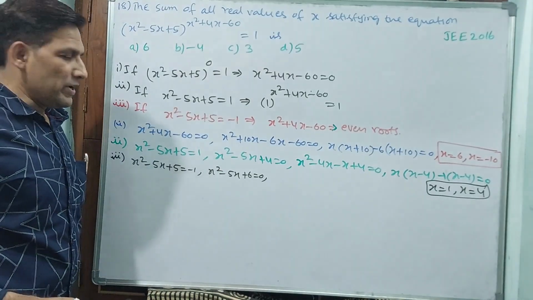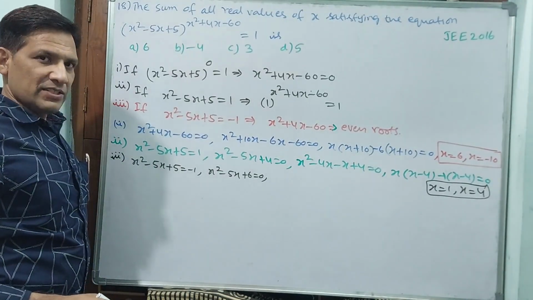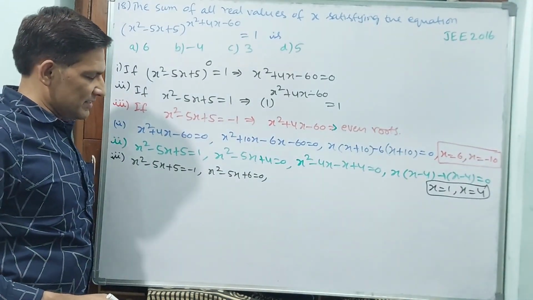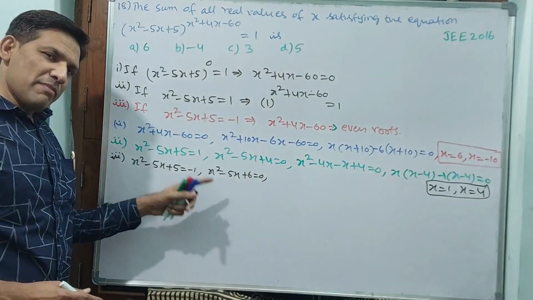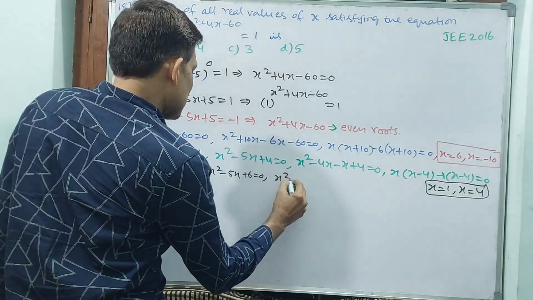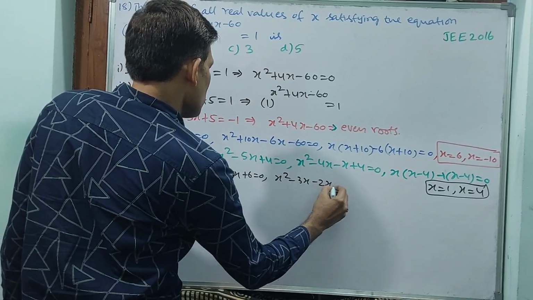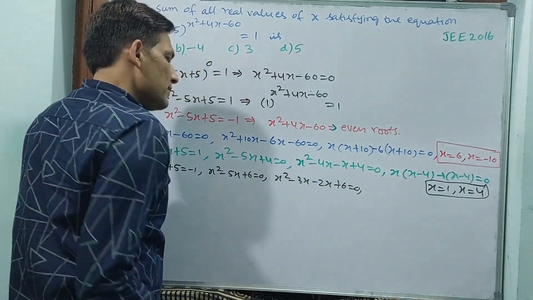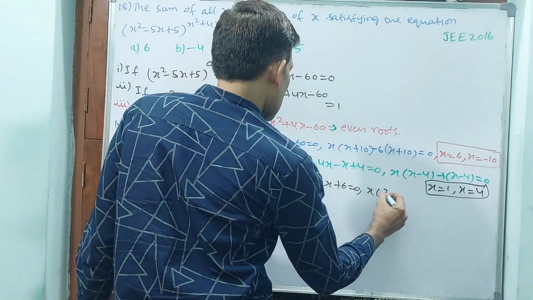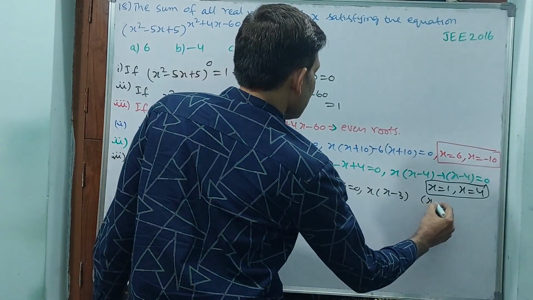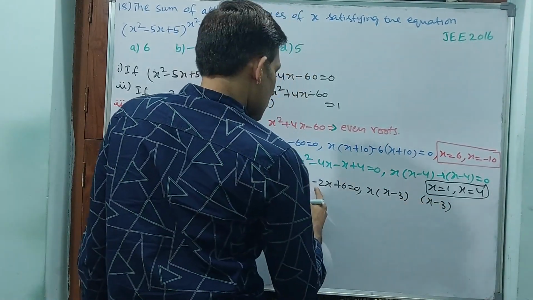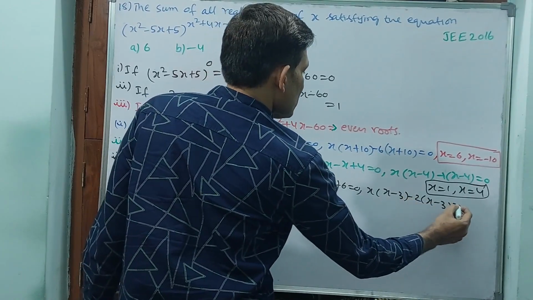No, 2 into 3 you take: minus 2 into minus 3. 6, plus 6, minus 2 minus 3, minus 5. X square minus 3x minus 2x plus 6 equal to 0. Or else x, if you take common, x minus 3, minus 2, x minus 2 equal to 0.